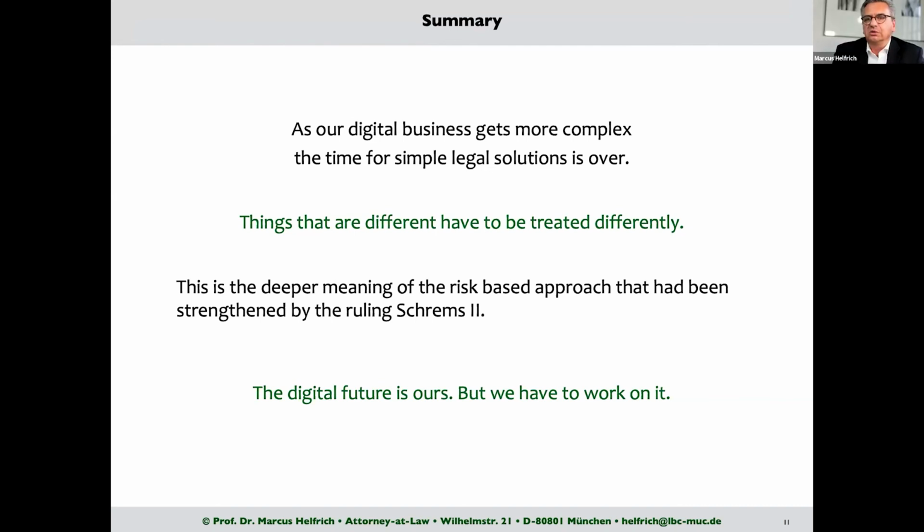Well, just one short answer to your first question, the small and middle-sized enterprises. I think one important step is just to take seriously the standard contractual clauses solution. Okay, they are quite complicated to read, so I would prefer to have a kind of synopsis of the different modules.